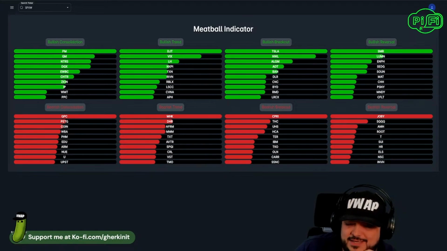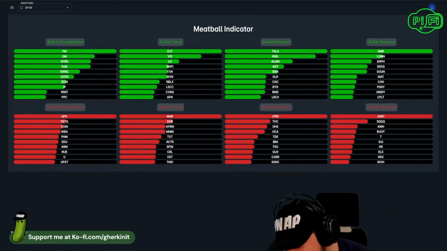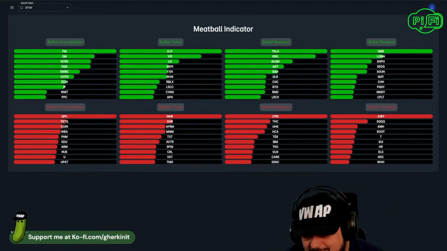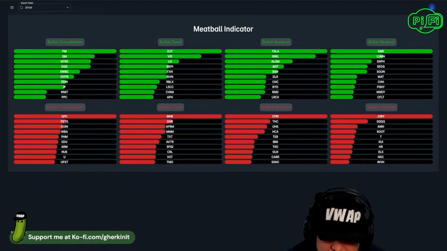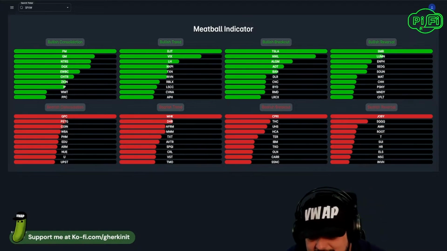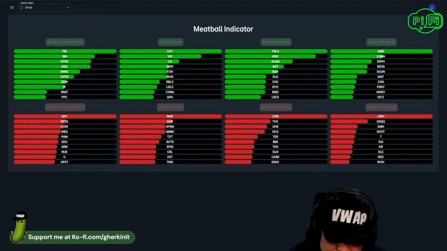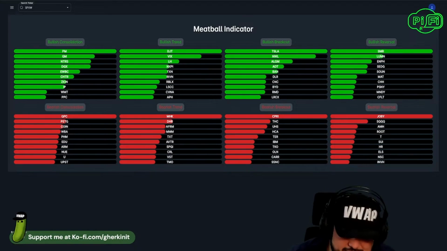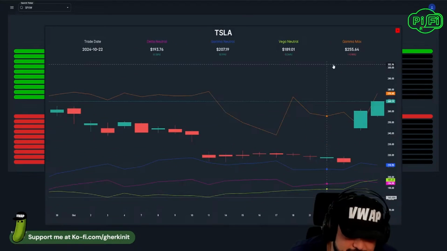But it's a big step towards getting all of this data packaged up in one place, where people can find actual stocks in the market to look at based on their options data, versus just trying to sift through one stock at a time without any direction. This gives you stuff to look into, and then you should be able to click it.